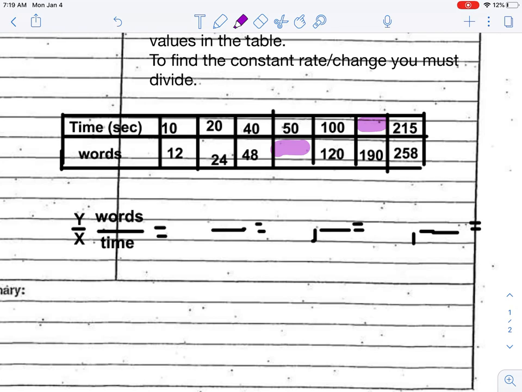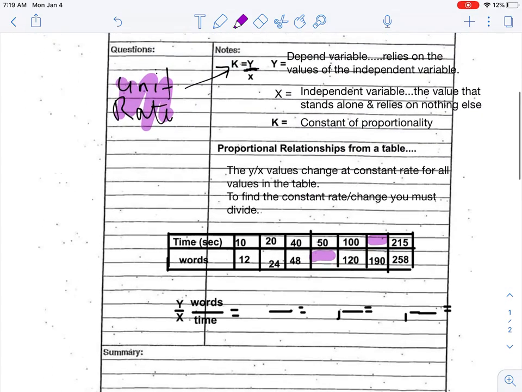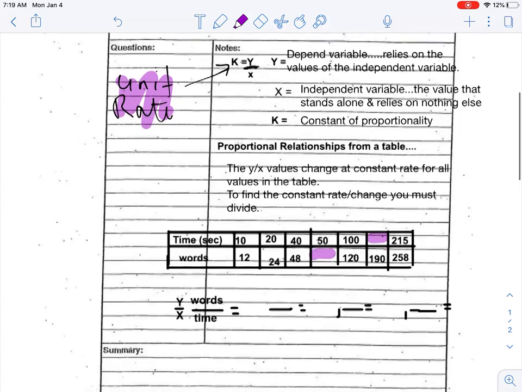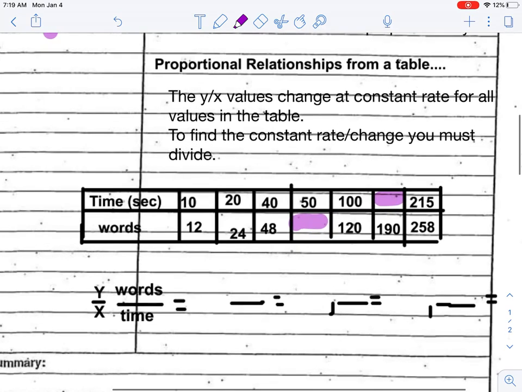So let's just look at this. We're going to do y over x. In this case, y is our dependent variable. That means the number of words that someone types is dependent upon the amount of time. Obviously, the more time you have, the more words you can type. So the words are dependent upon the time.